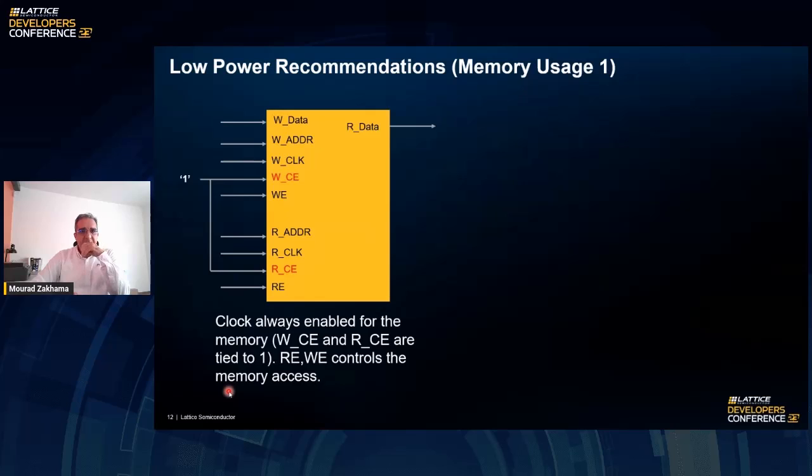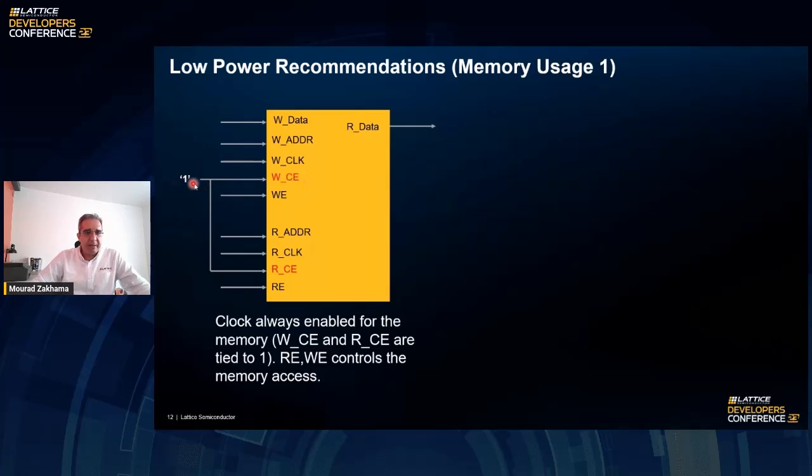In terms of memory usage, let's talk about low power memory usage. Usually in implementation, in this case, we have a dual port RAM with a read port and a write port.